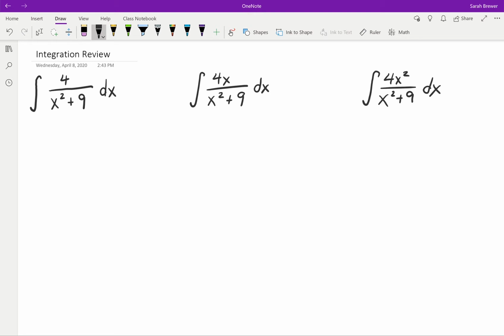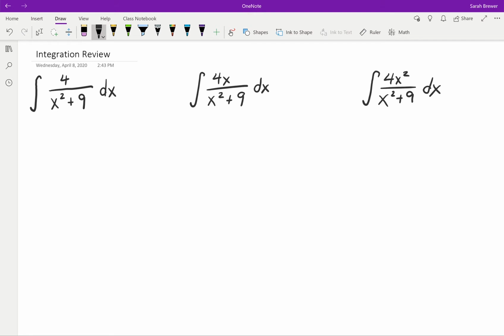Now, before I show you how to work out each of these three integrals, why don't you pause the video and see if you can figure out how you might integrate these. Cool, so I hope that you did pause and were able to figure maybe at least the first two out.